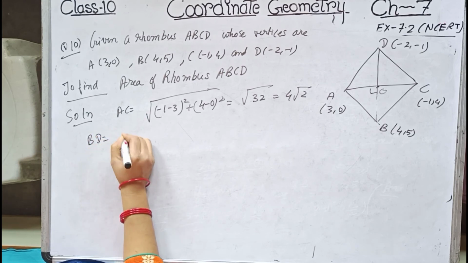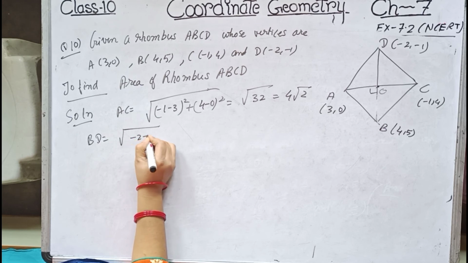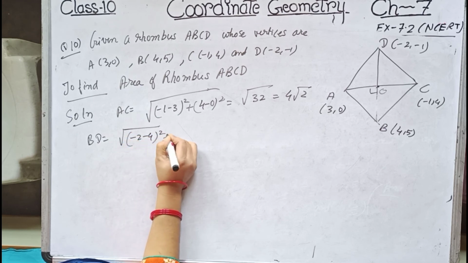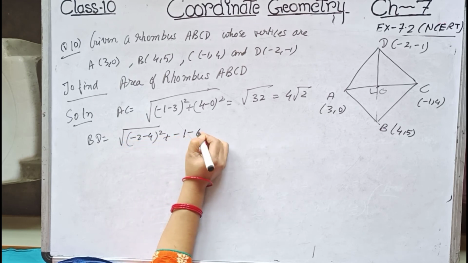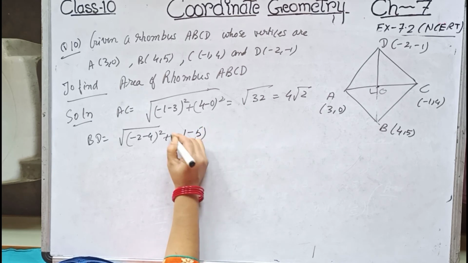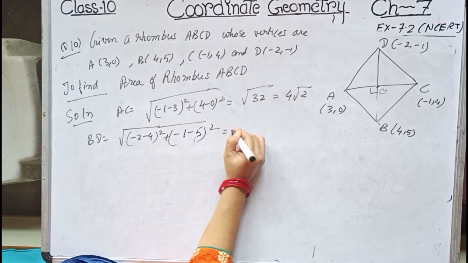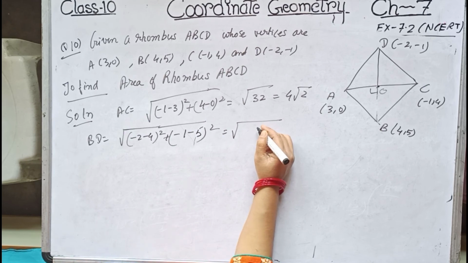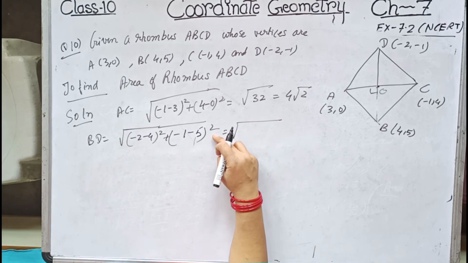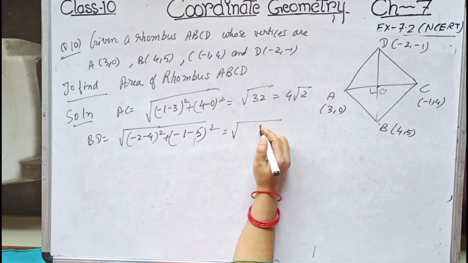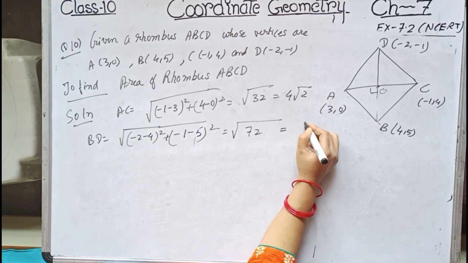BD is equals to under root of (minus 2 minus 4) whole square plus (minus 1 minus 5) whole square. So this will be equals to minus 6 square and minus 6 square. That is under root 72, that is 6 root 2.